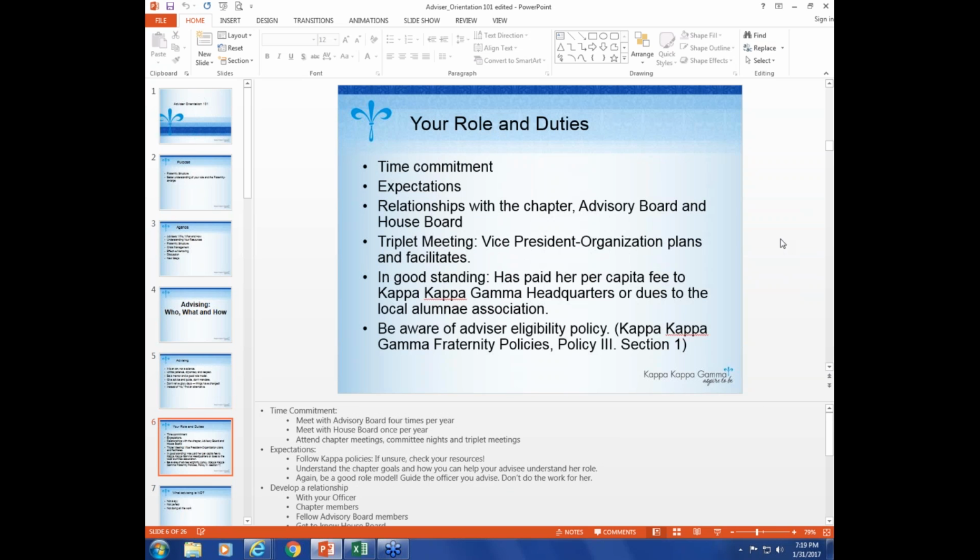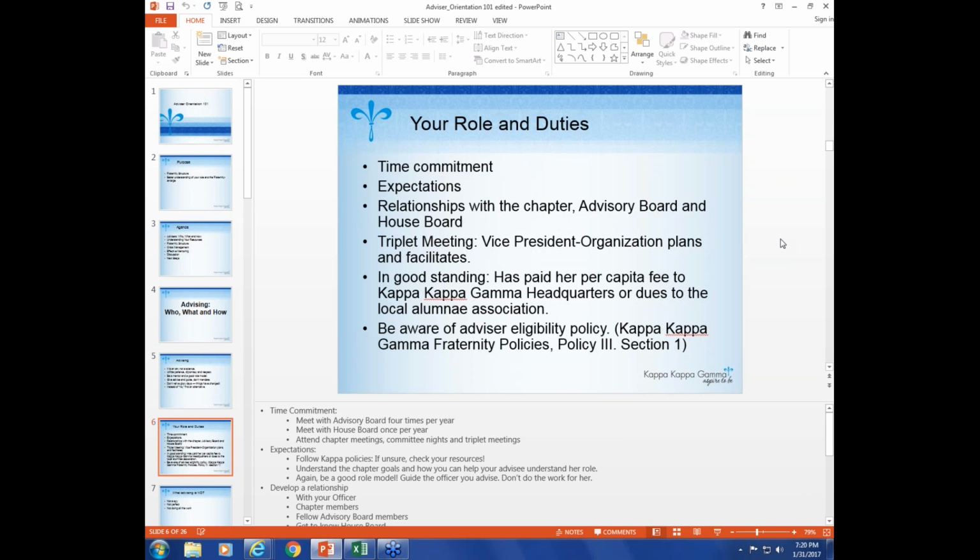So some of your roles and duties. The time commitment varies from chapter to chapter, but our documents state that an advisory board must meet at least 4 times a year. You meet also with the House Board once a year, and there are certain chapter meetings that require advisors, committee nights, and then also triplet meetings, which we'll talk about in just a minute.